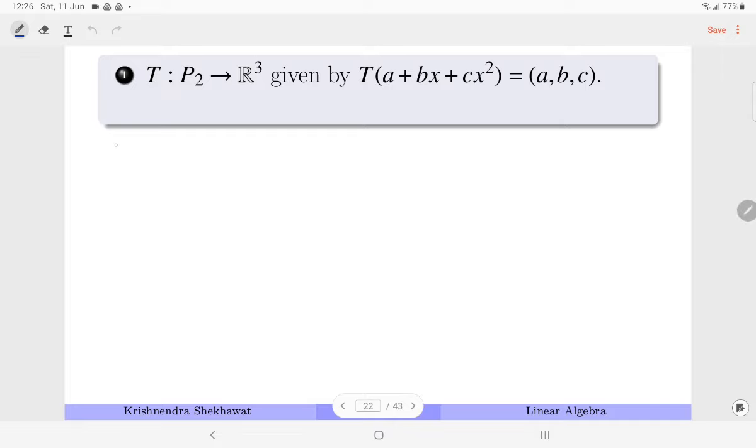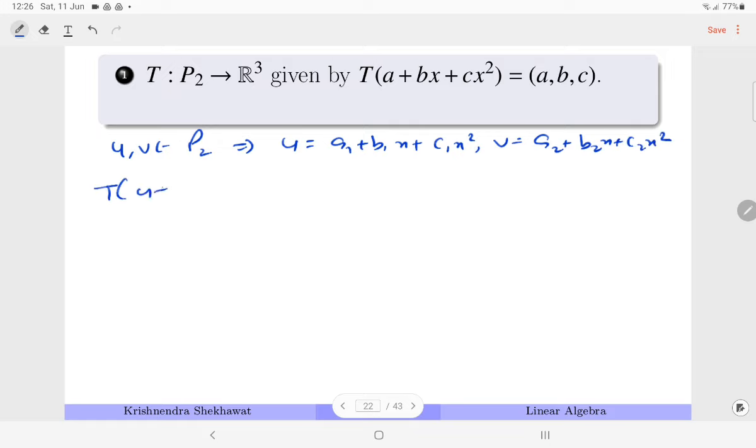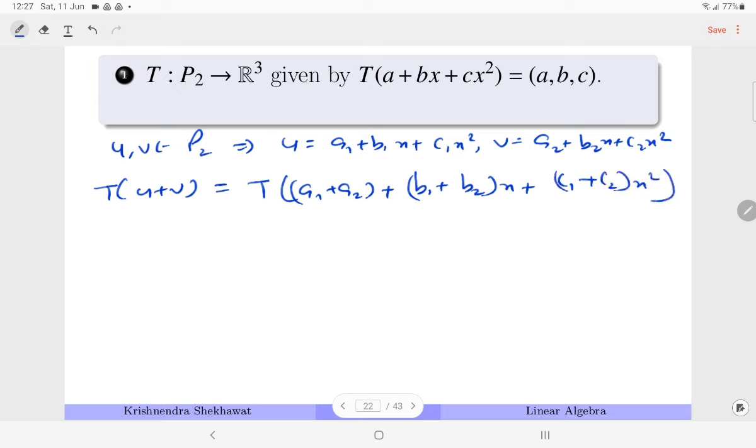So again I have to take two vectors u and v in P2. They look like u is equal to a1 plus b1x plus c1x square, and v is a2 plus b2x plus c2x square. So T of u plus v, which means you add the two polynomials, becomes a1 plus a2 plus b1 plus b2 x plus c1 plus c2 x square. And now it is given that T of a plus bx plus cx square is equal to (a, b, c).